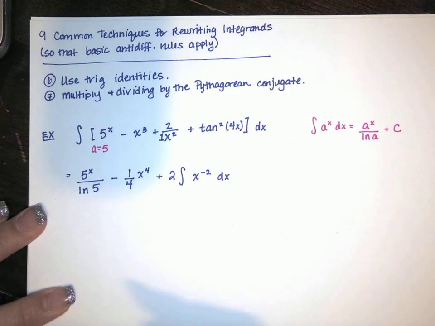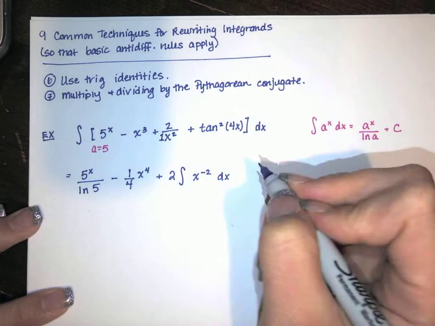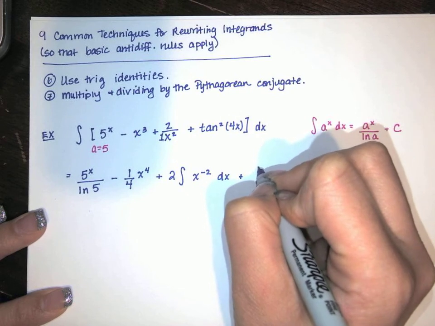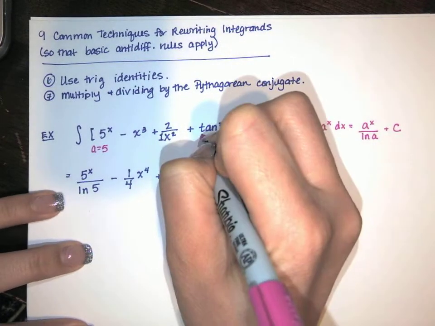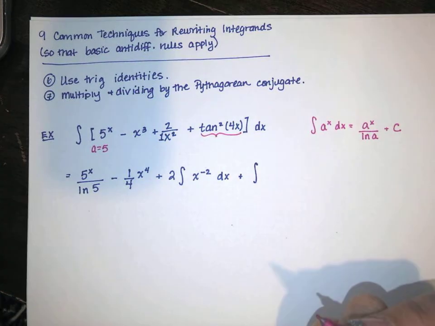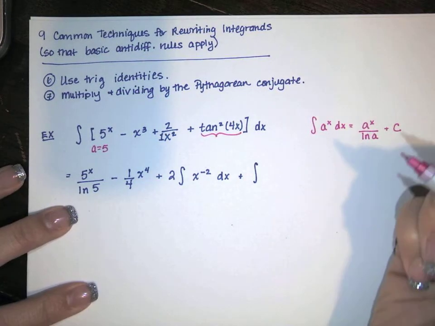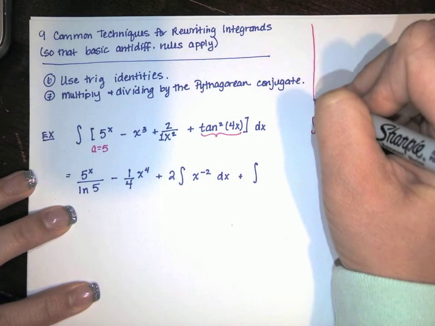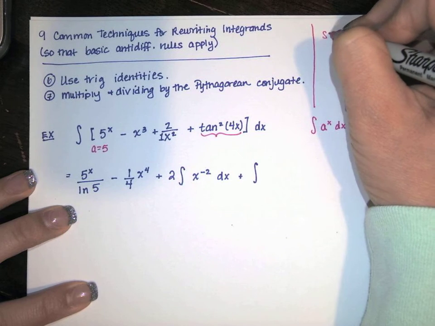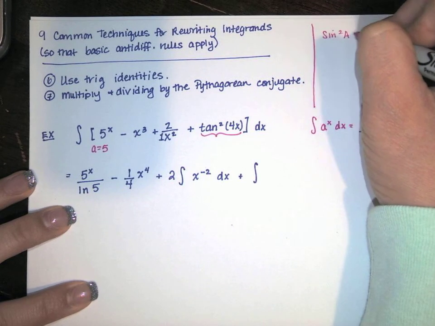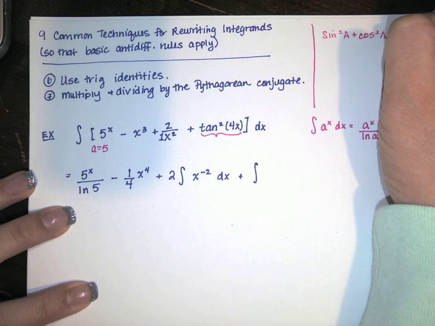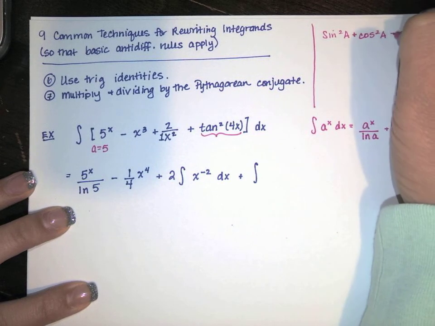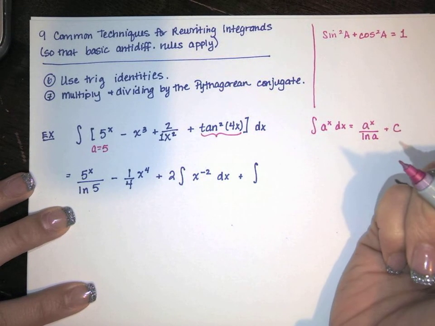And then for this last one, this is where I'm going to use my trig identities. Now you may have forgotten, it's been a little while since trig, but we've got a couple of Pythagorean identities, actually 3 Pythagorean identities. Sine squared plus cosine squared of the same angle is equal to 1.